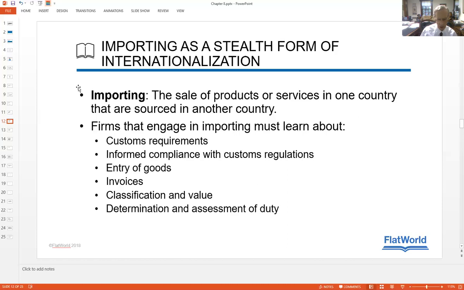You just don't import the product into the country without clearing customs.